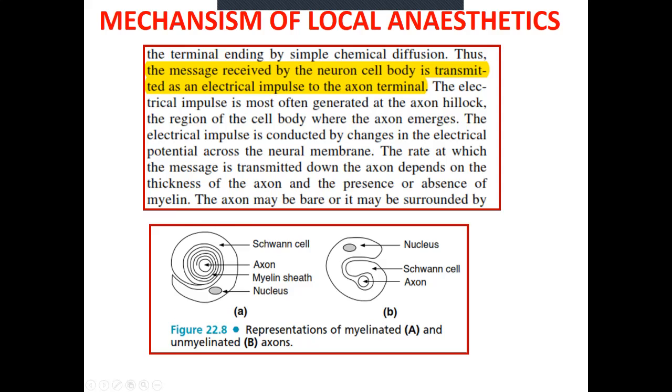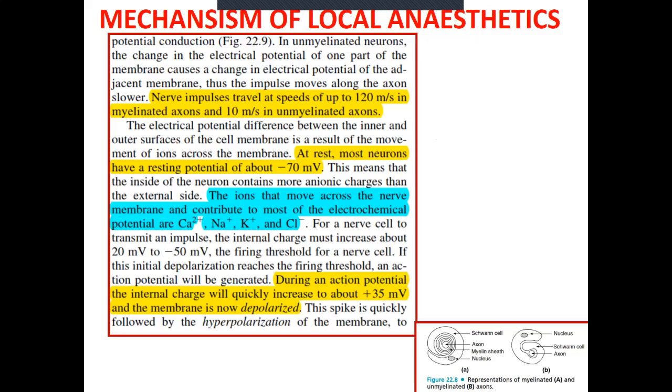The rate depends on the thickness and the presence or absence of myelin sheath. So it usually travels at a speed of 120 meters per second in myelinated axons, and 10 meters per second in unmyelinated axons. At rest, the neurons have a resting potential of about minus 70 millivolts.